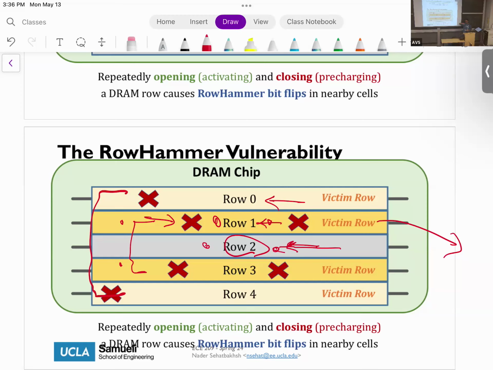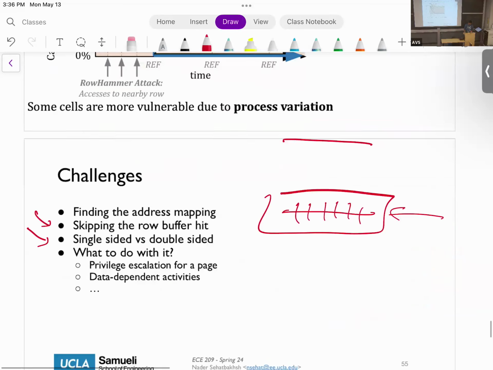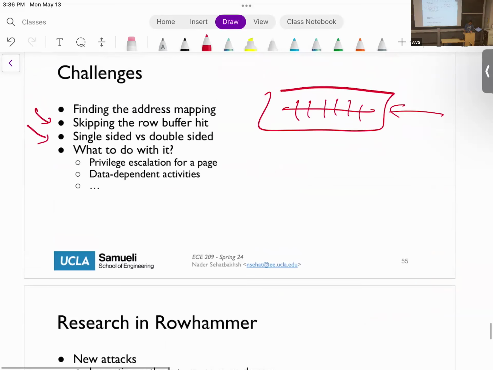This is what we call one-sided or double-sided. So I can actually, very powerfully, sandwich a victim row between two aggressor rows. And that's one possibility to attack the system. And of course, there's a big question of, okay, I flip a bit, now what? What can I do with it?